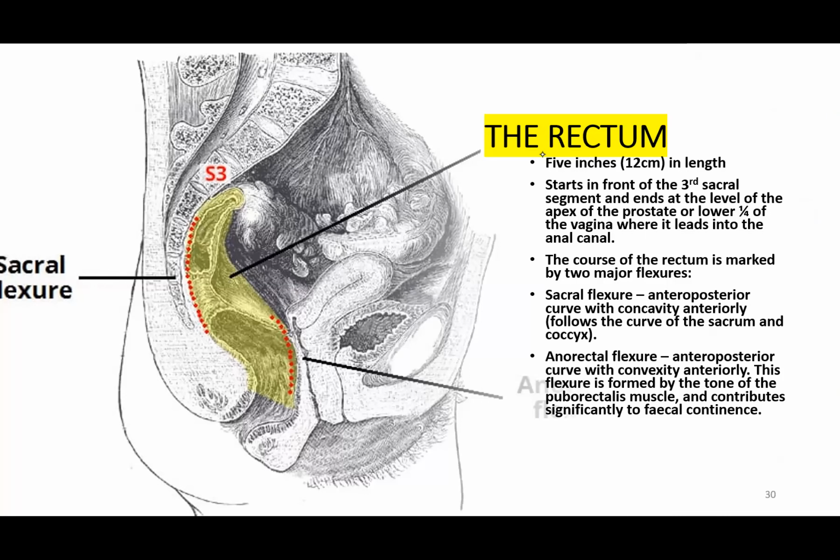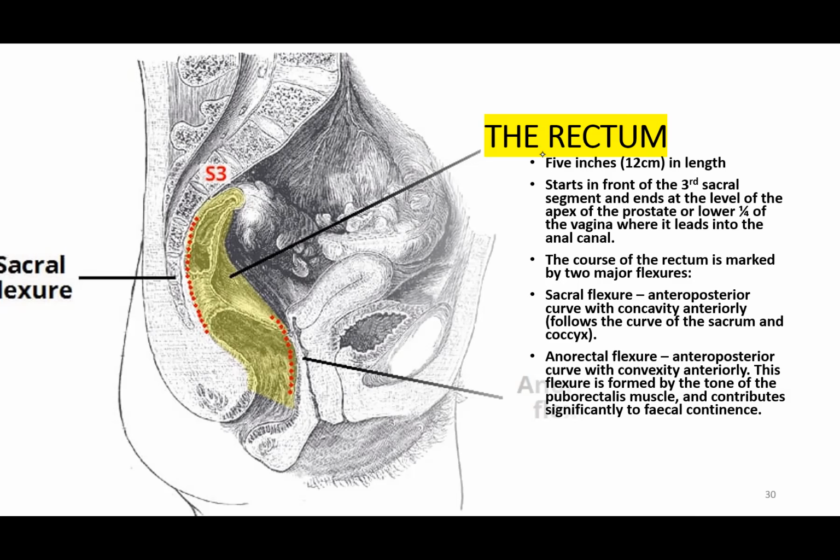The rectum is the most distal portion of the large intestine and is about 5 inches, 12 centimeters in length. It is very important for you to mention the length of the rectum, because in describing pathologies, we normally describe them with respect to its 3 parts.